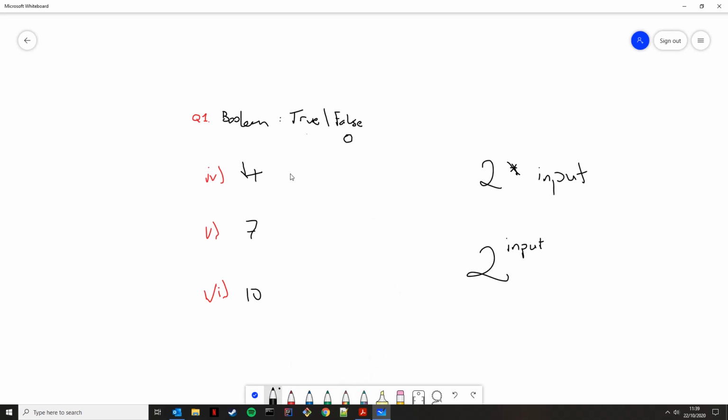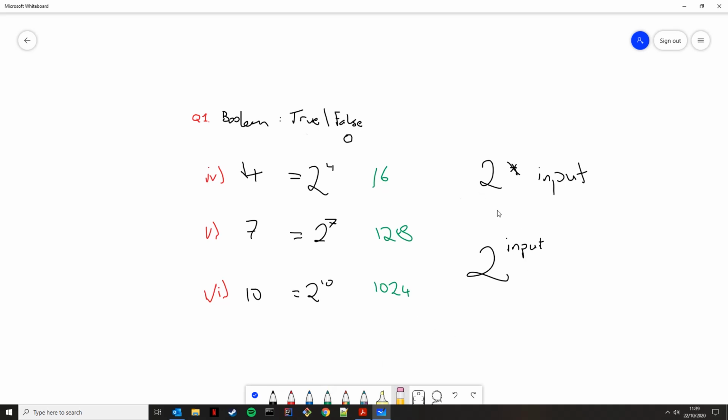So our answers for this are going to be 2 to the power of 4, 2 to the power of 7, 2 to the power of 10. And this equals 16. This equals, if I remember, 128. And this is 1024. And that is the answer to this question.